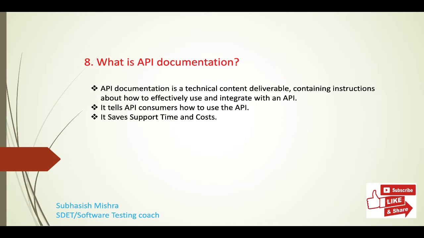It saves a lot of support time, also cost. Great API documentation includes many things like a quick start guide, tutorials, and interactive documentation so developers can try out API calls. There are many documentation tools also available like Javadoc.